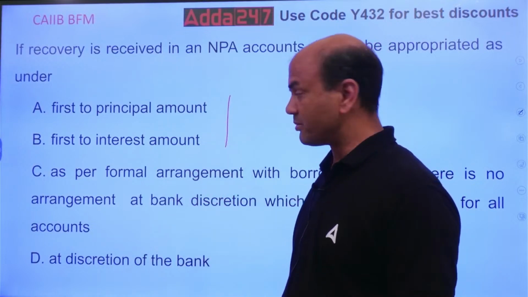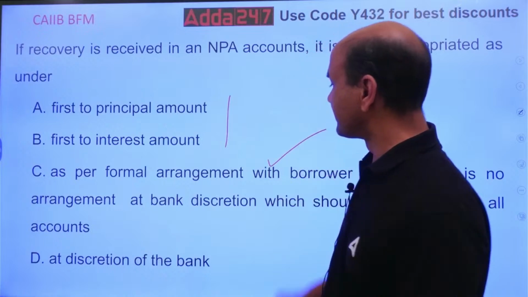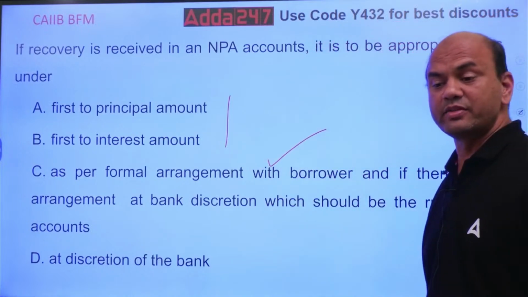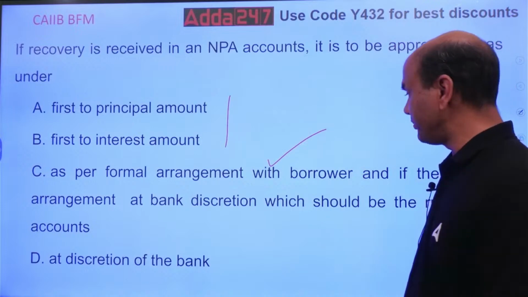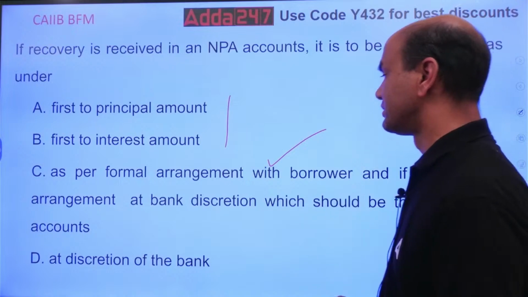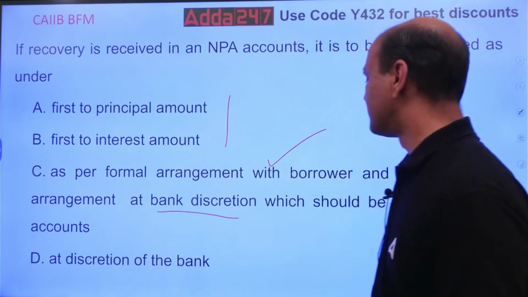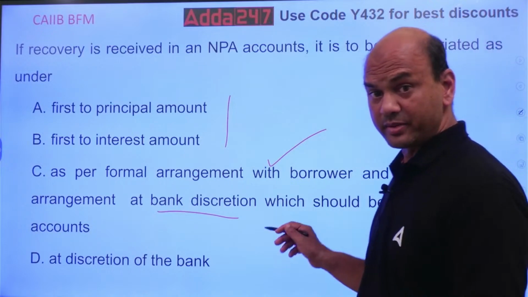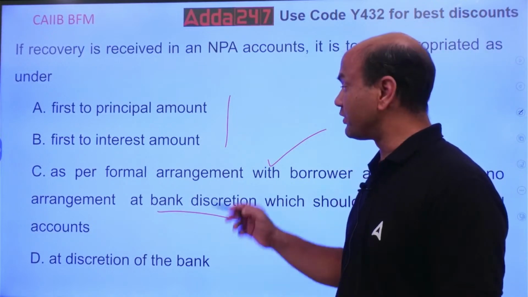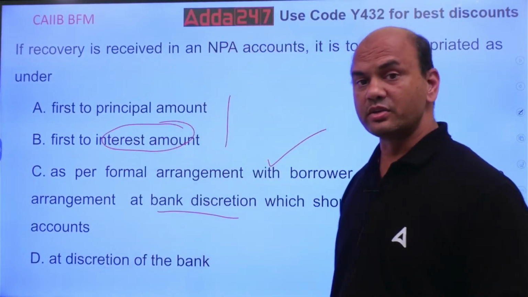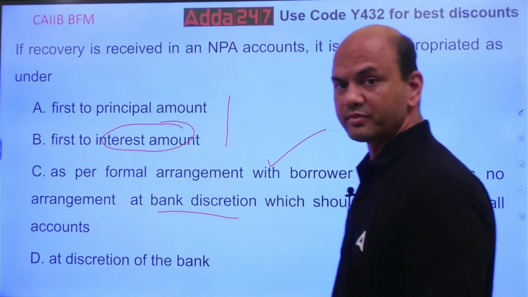But the real answer is this: as per the formal arrangement with the borrower, whatever has been agreed with the borrower. And if there is no arrangement, then the bank will decide, at the bank's discretion. Got it? This is very important because many of us think the answer is interest. It's not. It's as per the arrangement with the borrower.